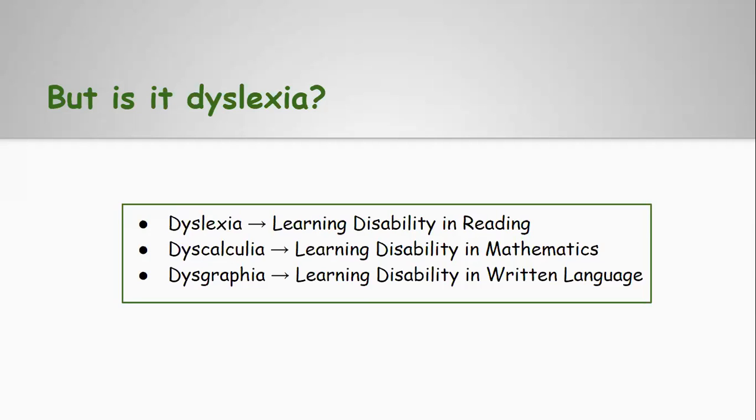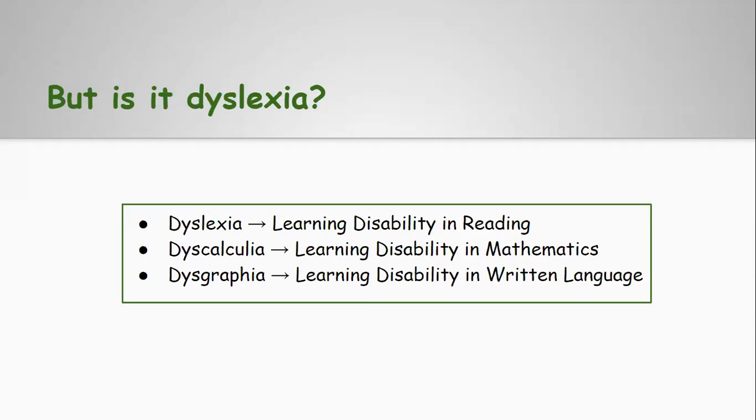Dyslexia is still used widely in the United States. These terms do exist within the DSM-5. However, in education, we generally do not use these terms. That's not to say that it's bad if they come up and if you do use it, but we just have more precise ways of defining what a learning disability is.